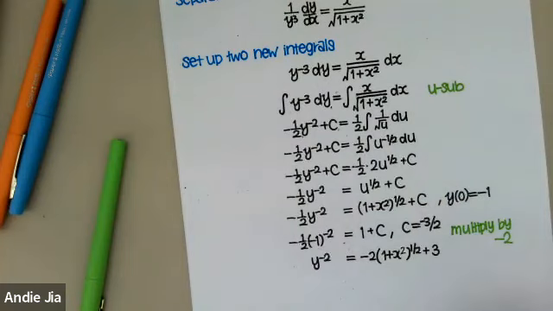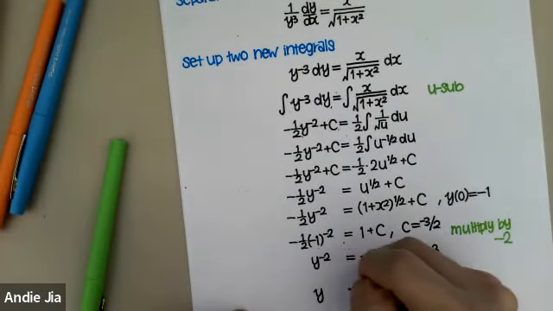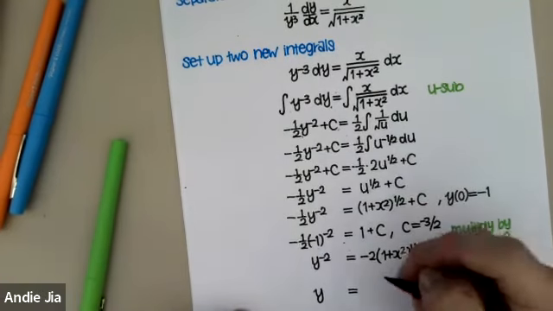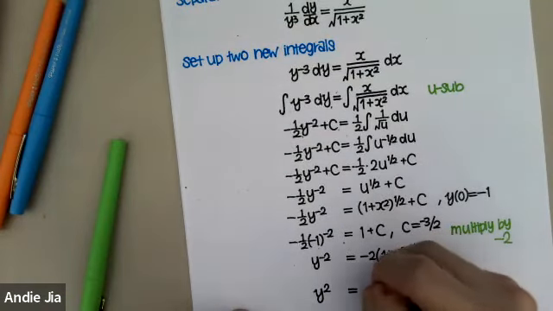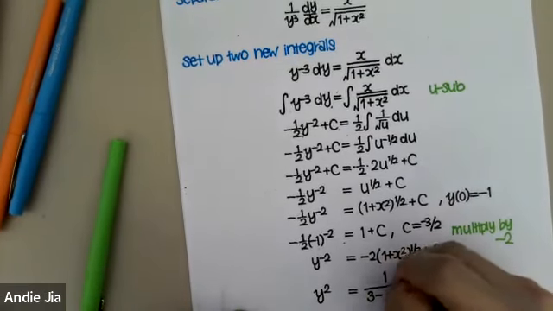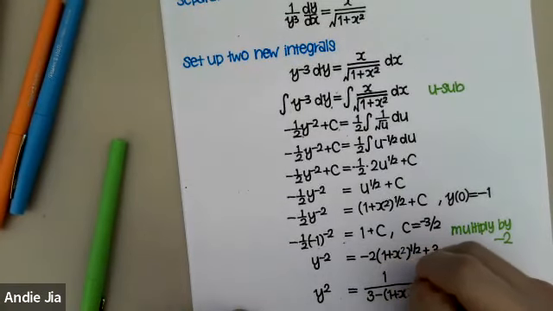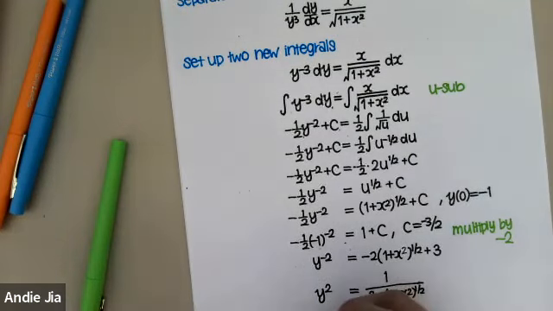And now you just need to take the negative 2 power, and you finally make y equal to 1 over 3 minus (1 plus x squared)^(1/2). Since y equals negative 1, you already solved for c here.